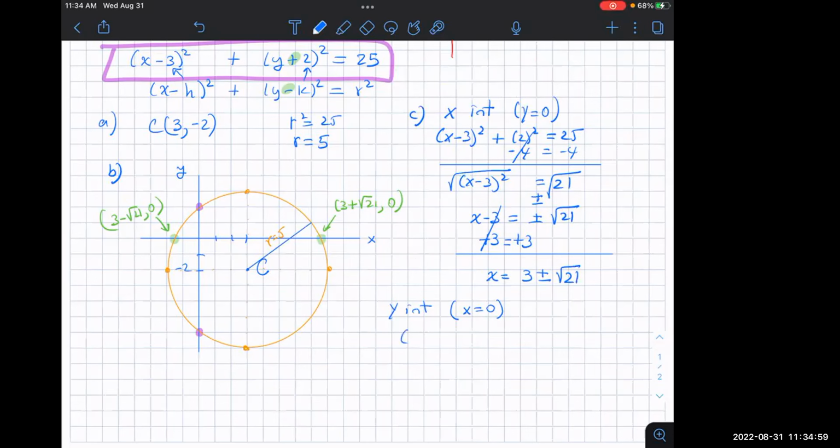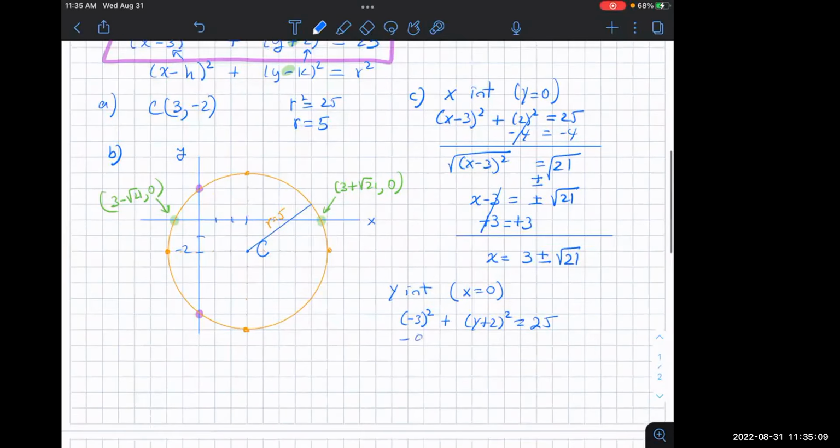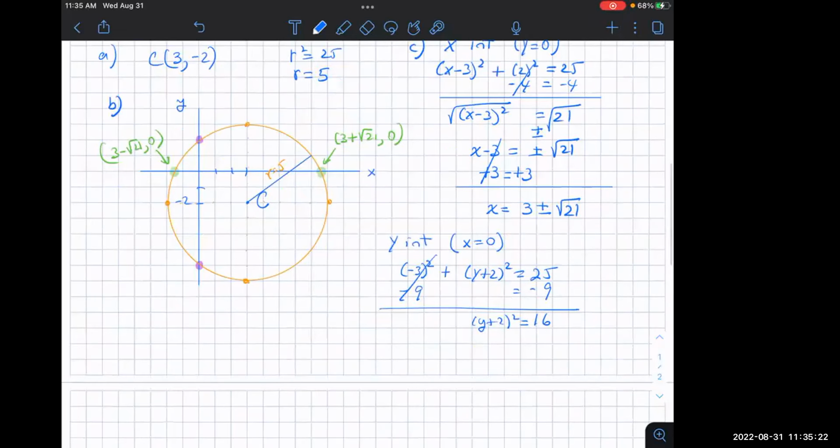So I get 0 minus 3, which is negative 3, squared, plus y plus 2 squared equals 25. Negative 3 squared is 9. So subtract 9 on both sides to get y plus 2 squared equals, what is that, 16? 6, 9, 15. Oh, and this is a perfect square.